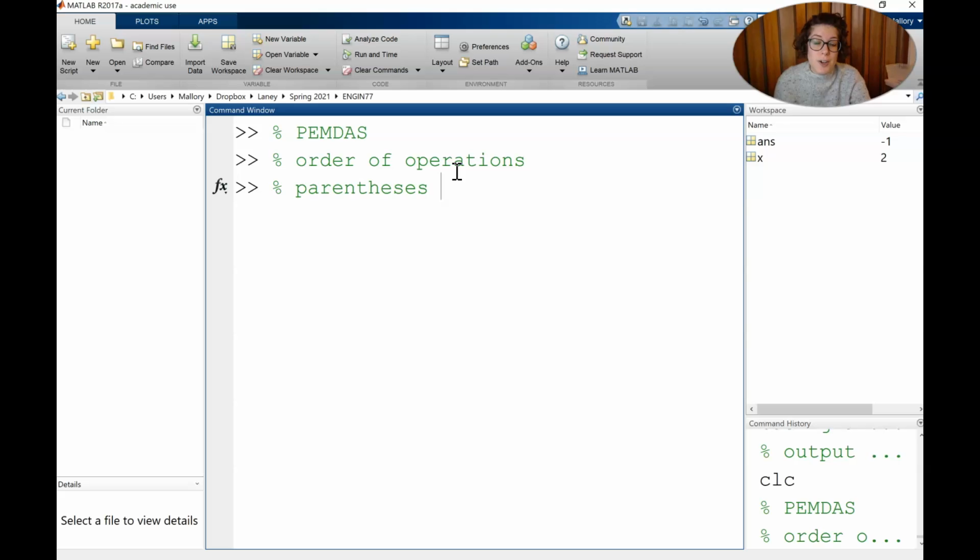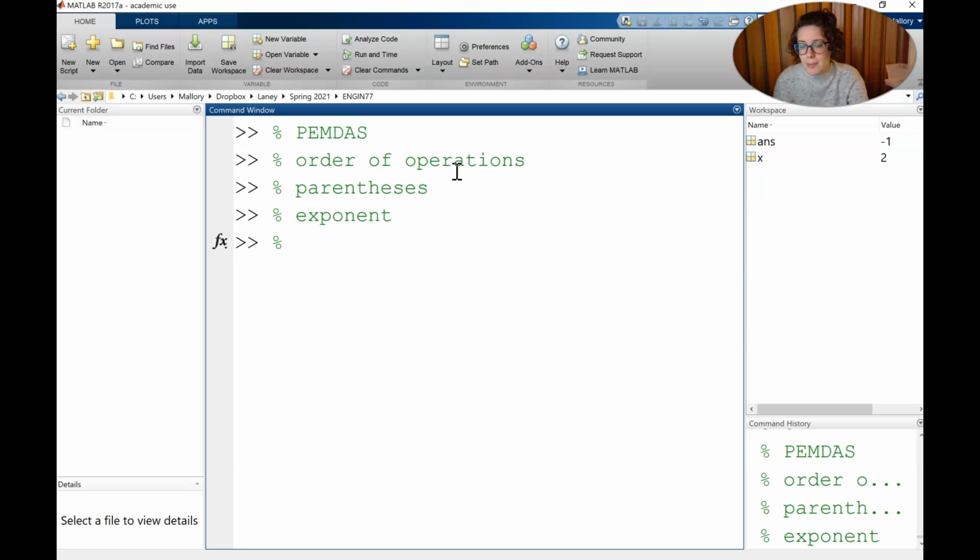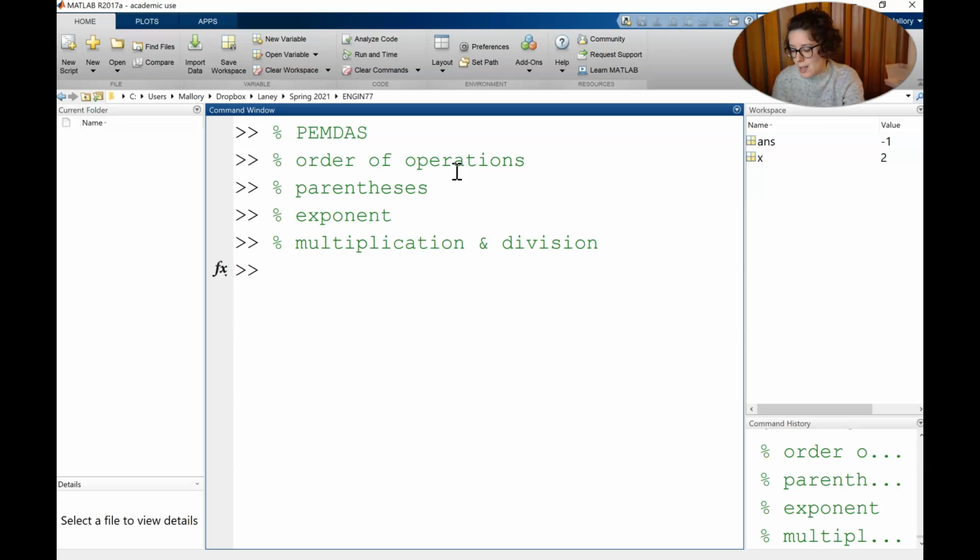First, our code is going to solve anything that's inside parentheses. Next, we have the E for exponent. We're going to solve anything that's to the power of something. Next, we have multiplication and division. We're going to solve those in the order from left to right that they appear. And then last, we have addition and subtraction.